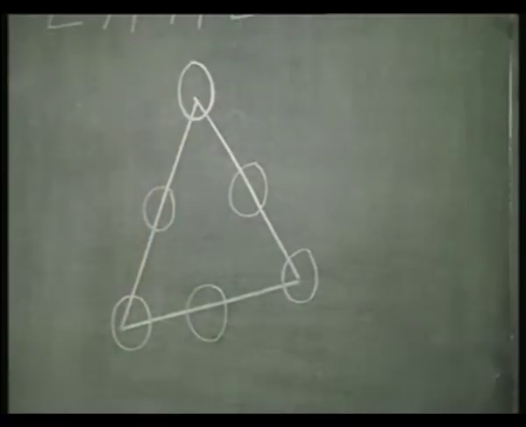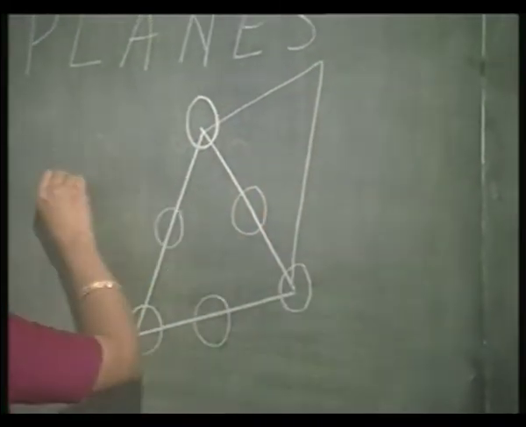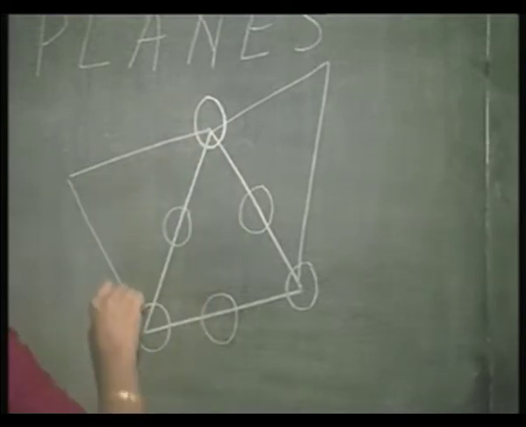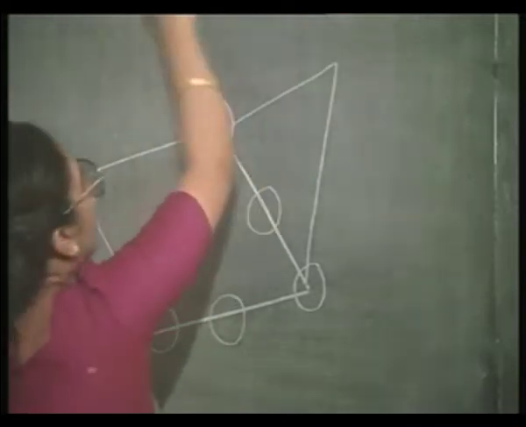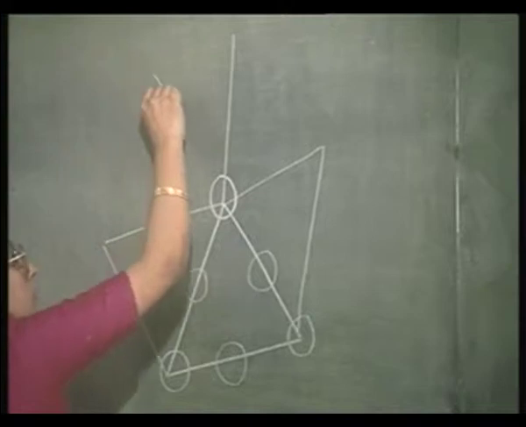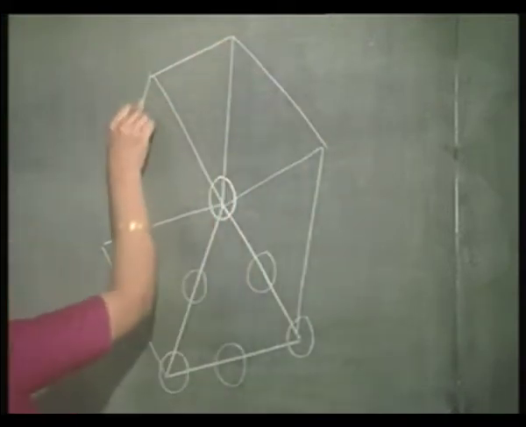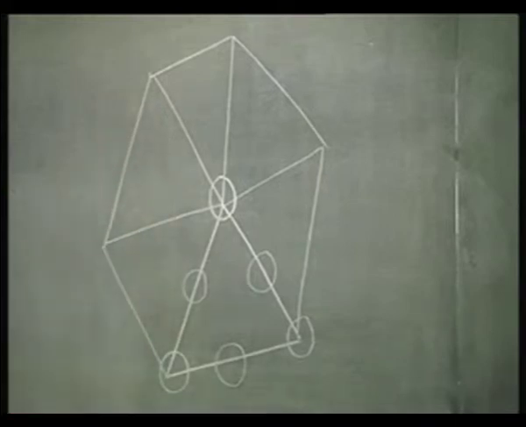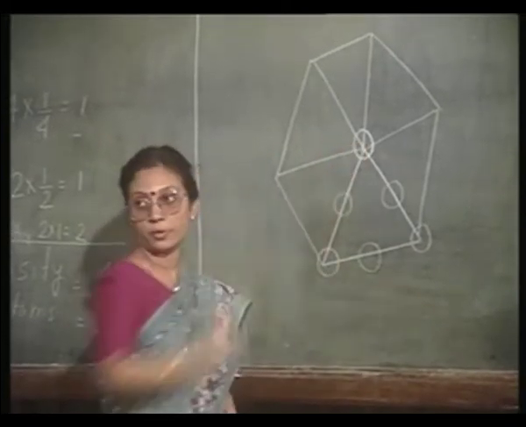So, again let us look at the atomic contribution to this particular plane. These are all the possible 111 planes passing through this point.